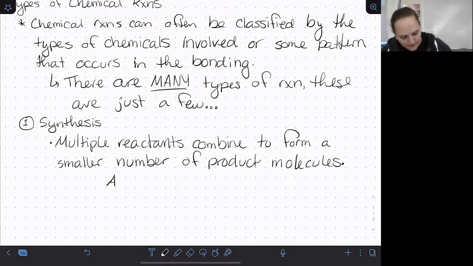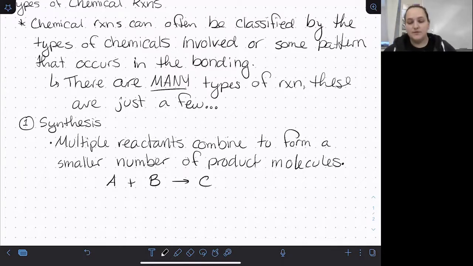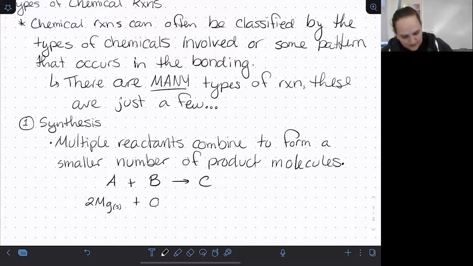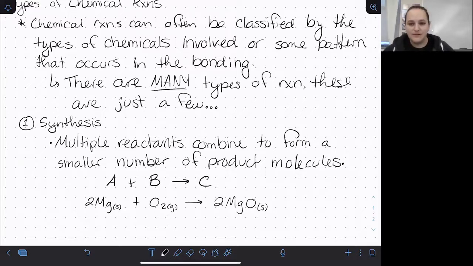For instance, a super generic representation of this could be A plus B forms C, where we're taking these two things, A and B, and combining them together to form one new different thing called C. An actual example of something like this would be magnesium reacting with oxygen gas to produce magnesium oxide. We are taking two different elements and combining them into a single substance.